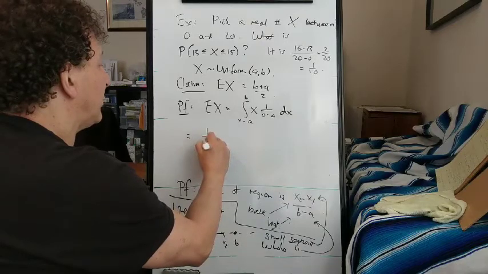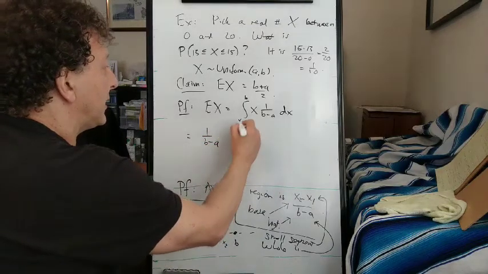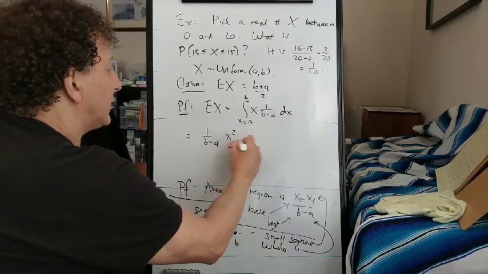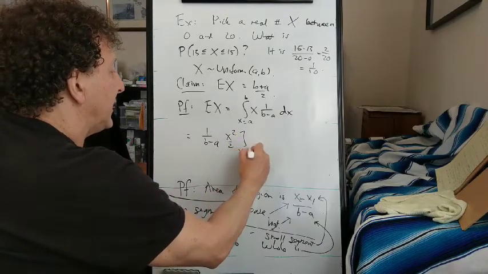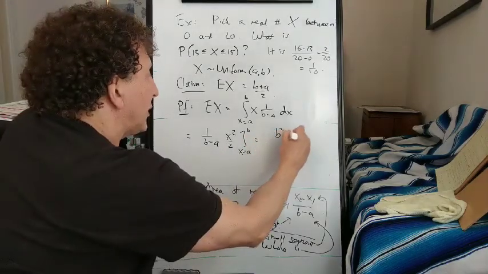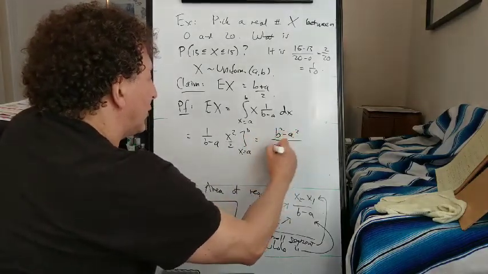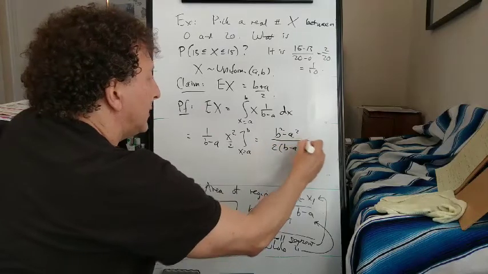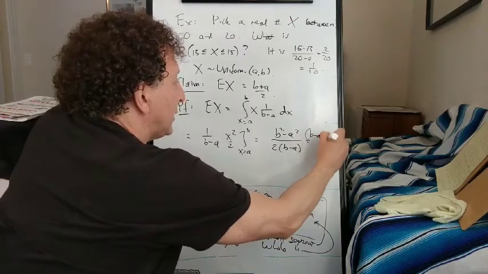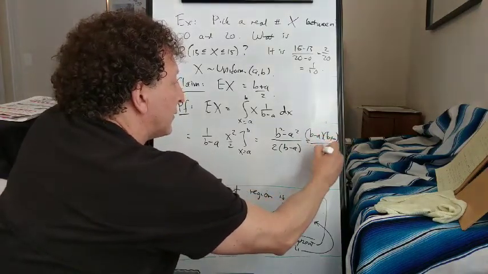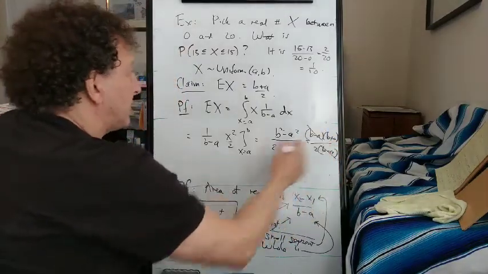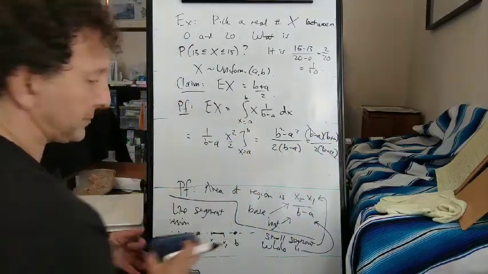Which is 1 over b minus a times, if we integrate x, we get x squared over 2, and then we evaluate that from a to b. So that's b squared minus a squared over 2 times b minus a. b squared minus a squared is b minus a times b plus a. That's all over 2 times b minus a. b minus a is canceled, and that leaves us with b plus a over 2, like we claimed.